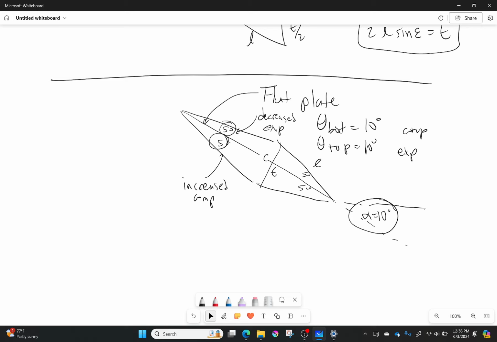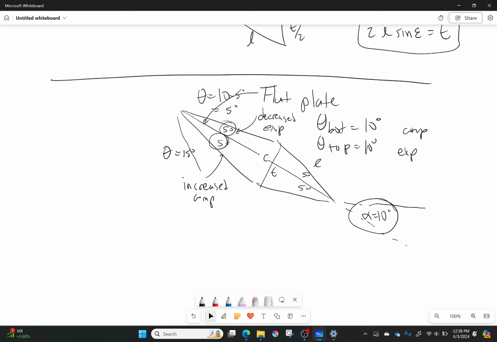That means that the deflection angle on the top and the bottom is different. I need to remember that. So my deflection angle for the bottom, for that shock wave which I'm going to experience, is going to be equal to 15 degrees. And my deflection angle at the top is going to be equal to 10 minus 5 degrees, which is simply equal to 5 degrees.